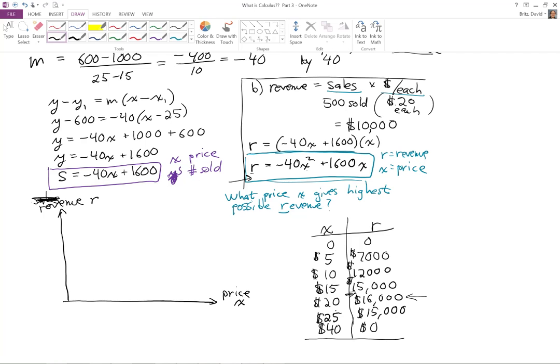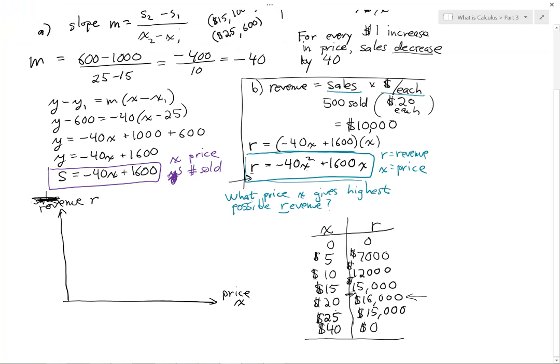And so let's go ahead and plot. 0, 5, 10, 15, 20, 25, 30, 35, 40. 40 because if we raise the ticket price to 40, no one's going to buy any tickets at all.